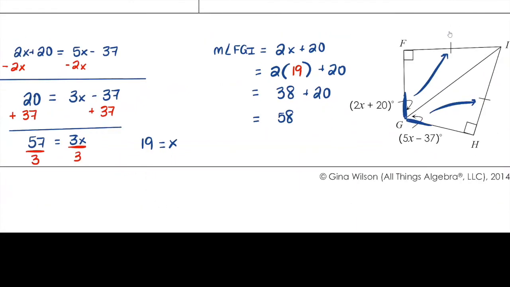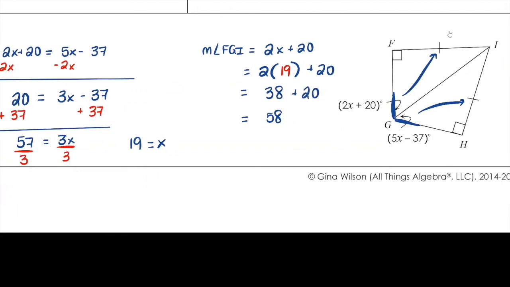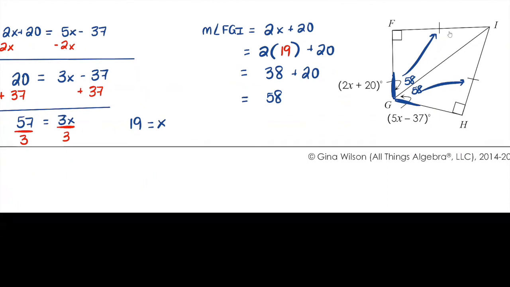But that's not what it wanted, right? That just tells me that this angle is 58 and the other angle is 58. So how could I find the measure of FGH? I could add them together, or I could multiply by 2. So 2 times 58 is 116.